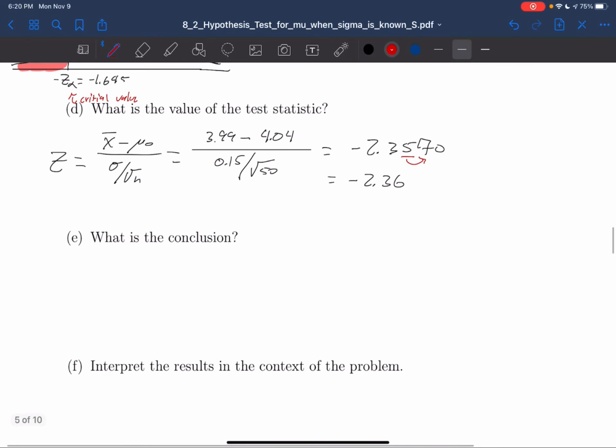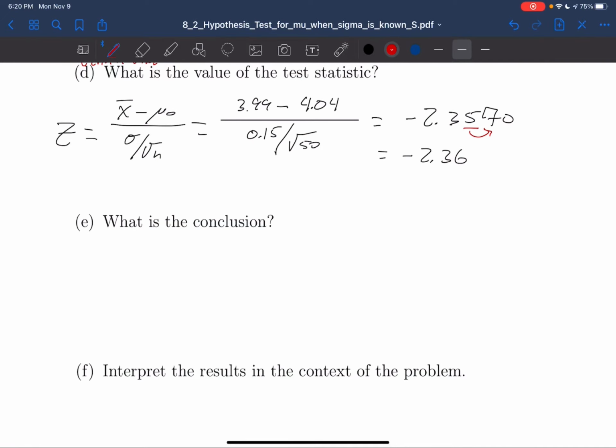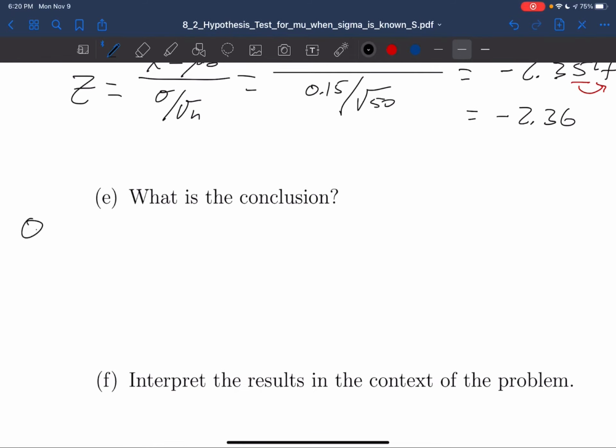Okay. What is our conclusion? Do we reject our null hypothesis or do we fail to reject our null hypothesis? Well, we want to ask ourselves a question. Is z less than or equal to negative z sub alpha?